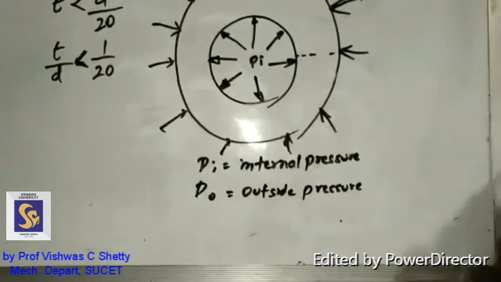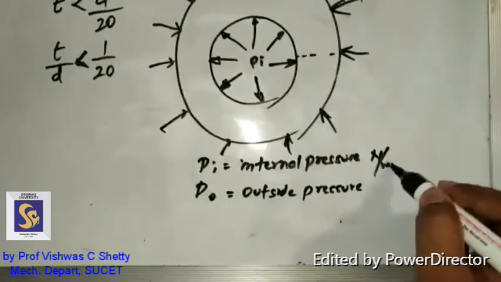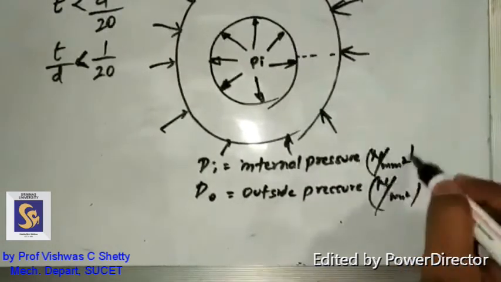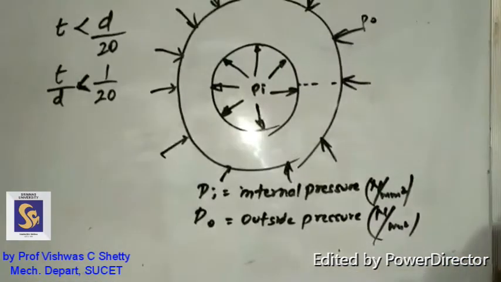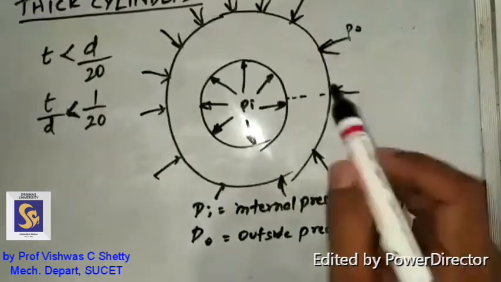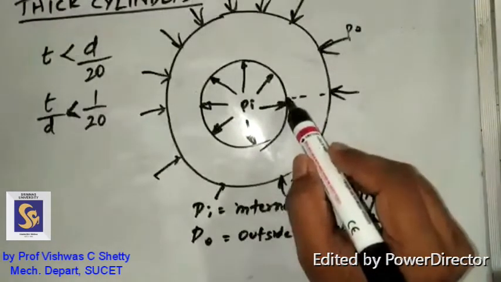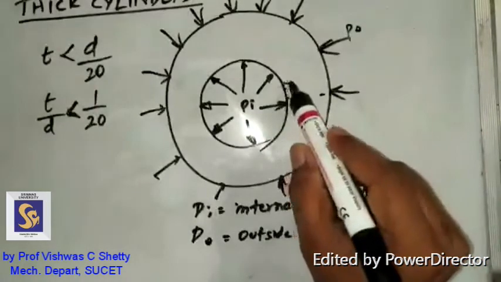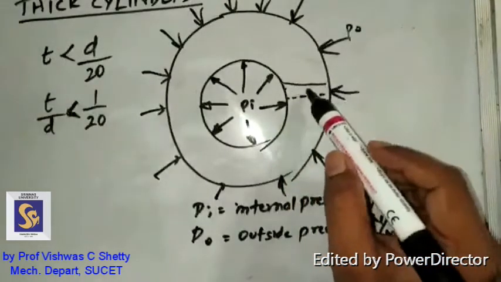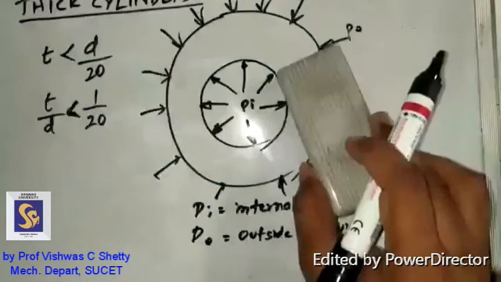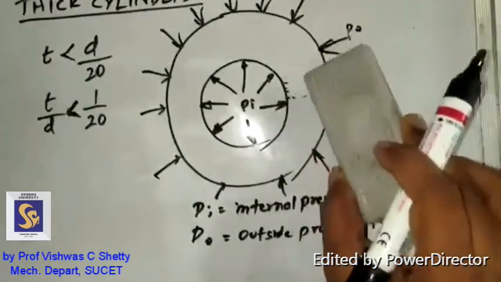External pressure and internal pressure are both in Newton per millimeter square. How will the stress variation be? How will the stress be inside and outside; is it gradually decreasing, increasing, or varying? All this we'll try to understand in this chapter.